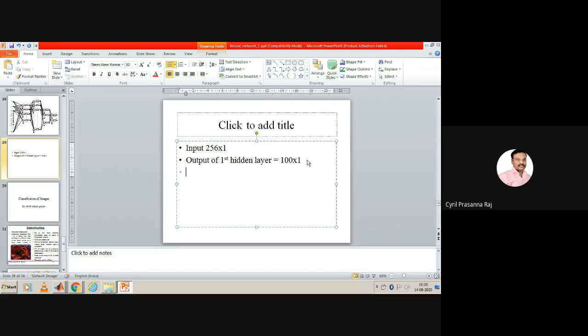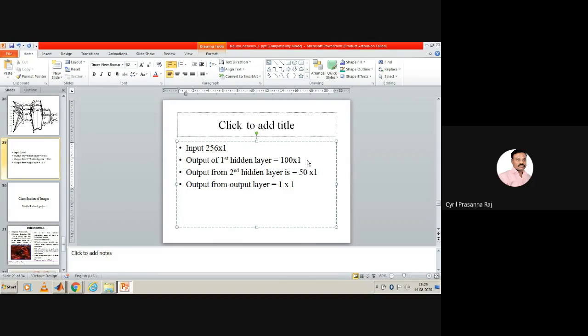Now when you provide 100 inputs, the number of outputs produced from the second hidden layer is 50 cross 1. Then the output from the output layer is 1 cross 1.